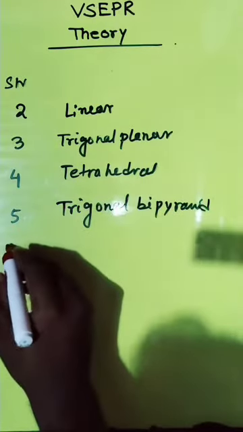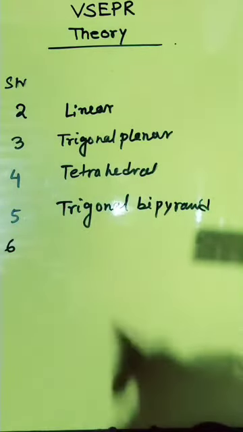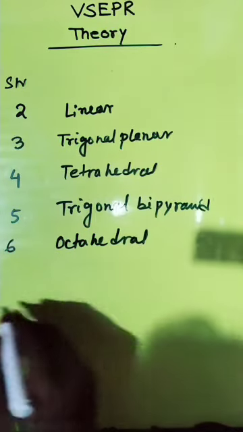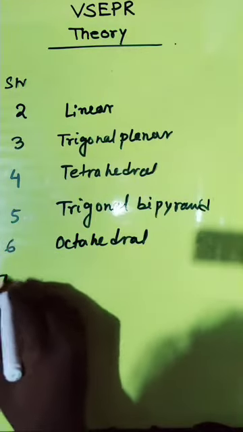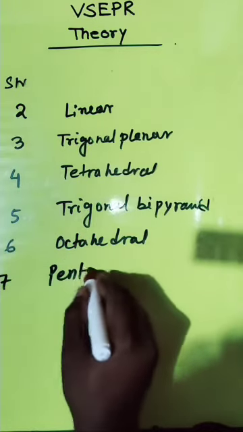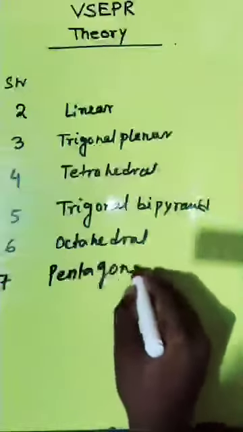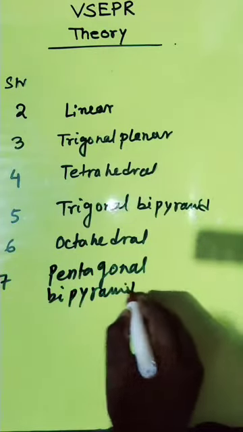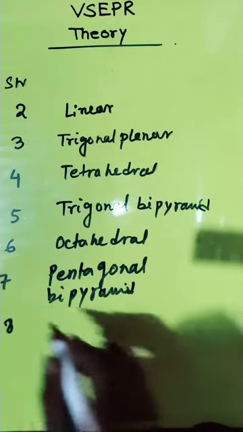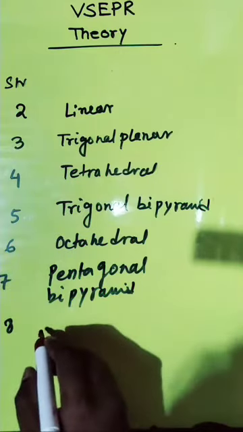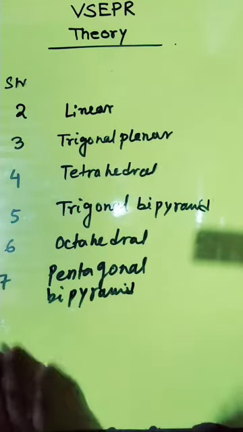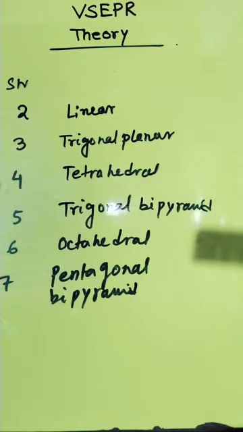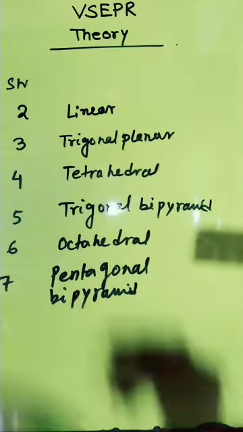For steric number 6, it is octahedral. For steric number 7, it is pentagonal bipyramid. And for steric number 8, it is square antiprism, but this square antiprism is out of syllabus. So that is the relation between the structures and steric number.